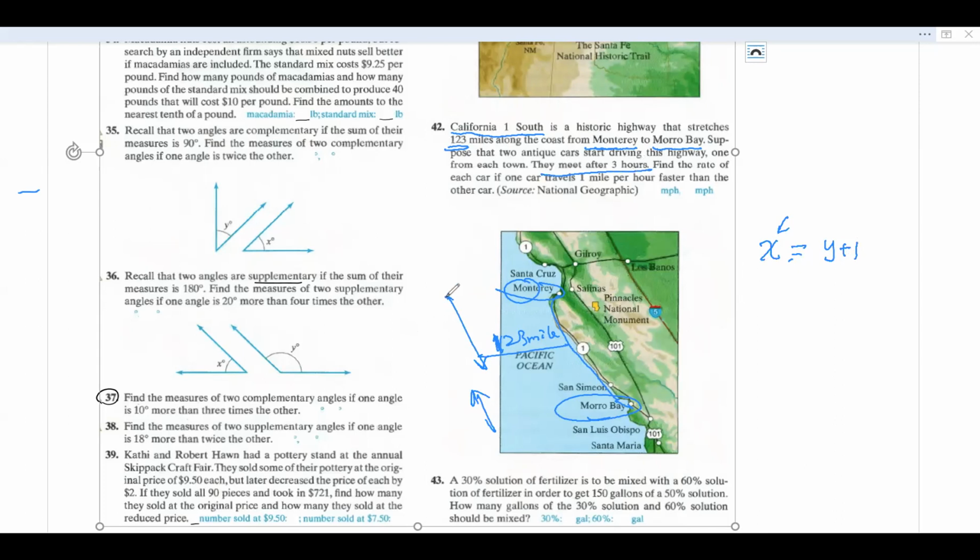The first car drove 3X, the other 3Y, so 3X plus 3Y is 123 miles.